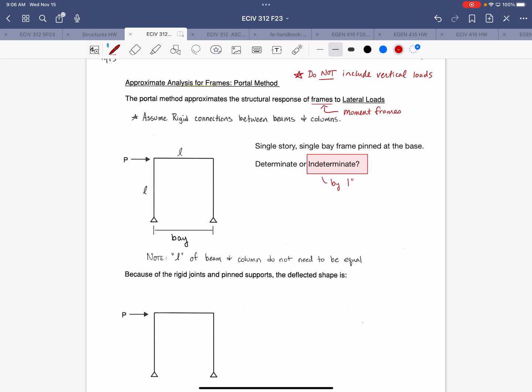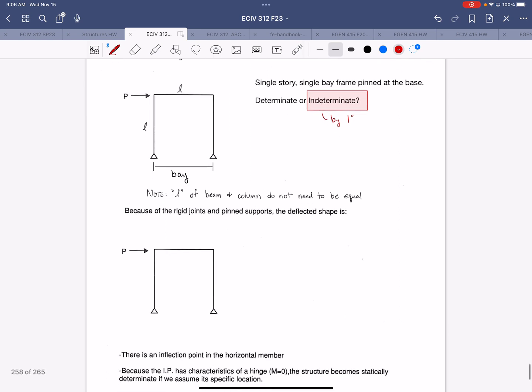So we placed a hinge in the beam, and how did we know where to do that? It was based on the deflected shape, right? And we made an educated guess as to where those inflection points would be in the beams. And then we can treat those inflection points as hinges because they both have the characteristic that moment is equal to 0.